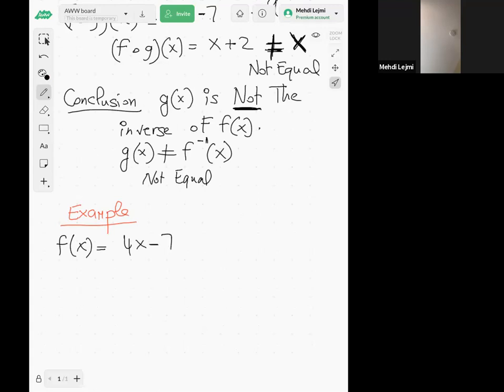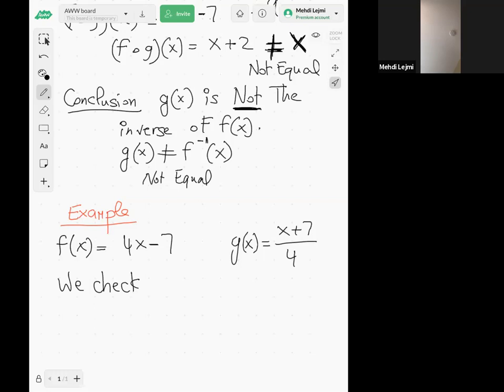This was my first example. f of x is 4x minus 7, and g of x is x plus 7, the whole thing over 4, right? And this was my first example, and actually we checked that g is the inverse of f, right? That's what we did. So we checked.